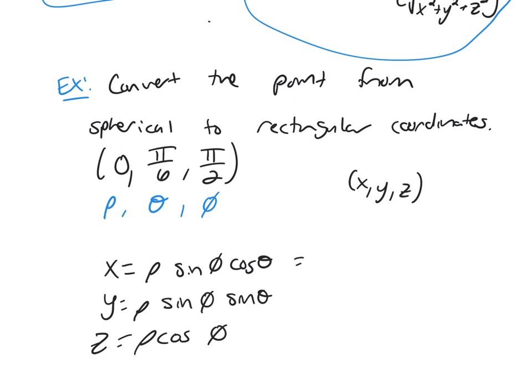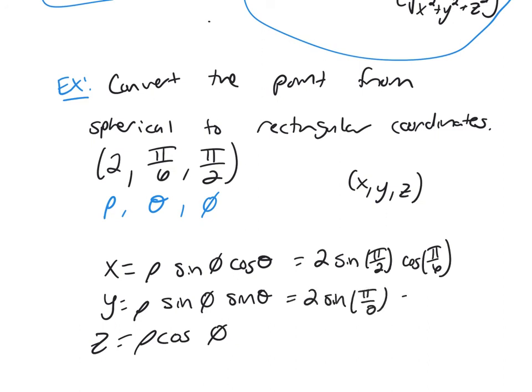So plug in our angles here, oh wait, I didn't mean for rho to be 0. I'm going to have rho be 2. So 2 sine pi over 2 cosine pi over 6. This is going to be 2 sine pi over 2 sine pi over 6.